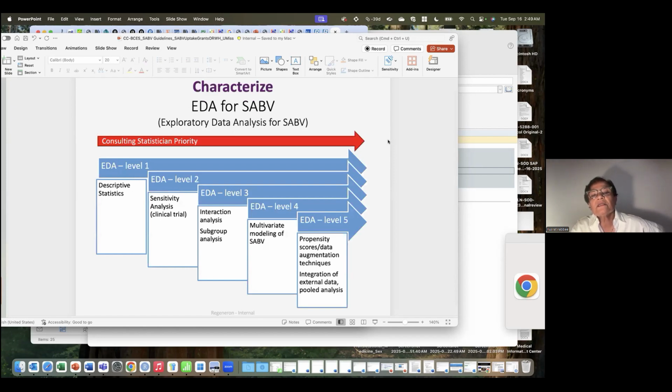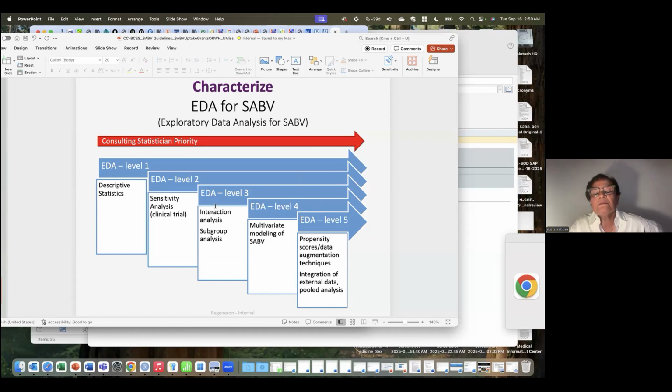In many ways, I put this priority chart together. Start with descriptive, then you go to sensitivity, interaction, multivariate modeling, and then integration of other external data sets. You can see that the importance of consulting a statistician goes up significantly with ChatGPT and other tools. A lot of investigators are comfortable doing this, and that is fine.